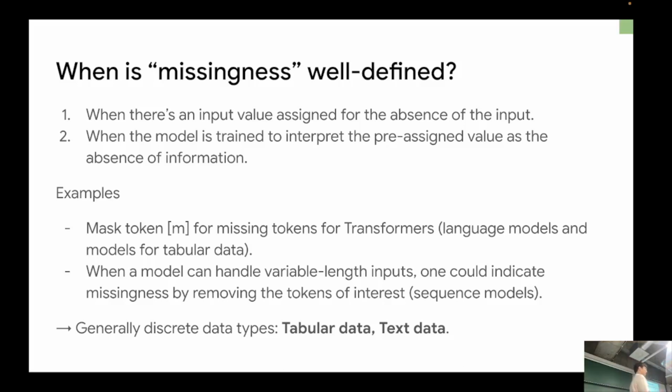It treats the mask token as no information. So if you have a shorter than window size input to a language model, then it pads all these mask tokens for the location outside of the sentence, in such a way that you are completing the sequence for the model to process the input. So in text domains, you typically have no issues with missingness because there's a designated token for that.